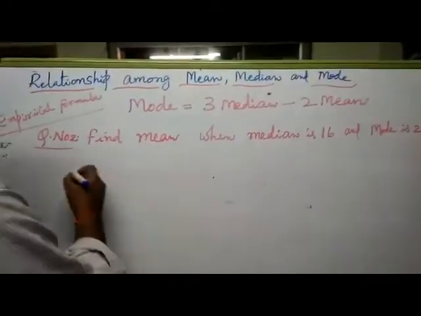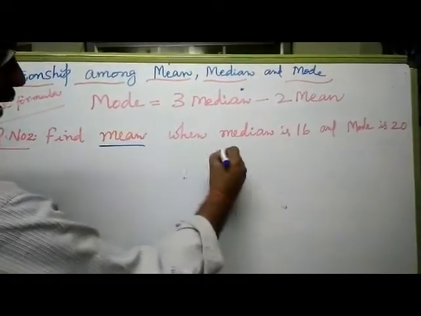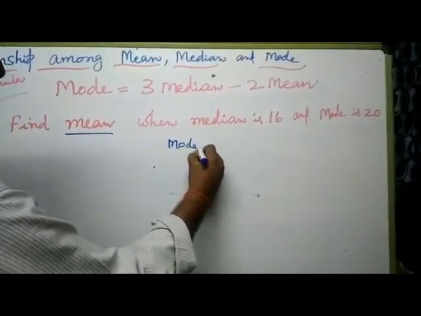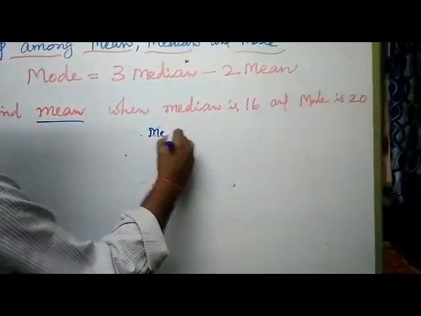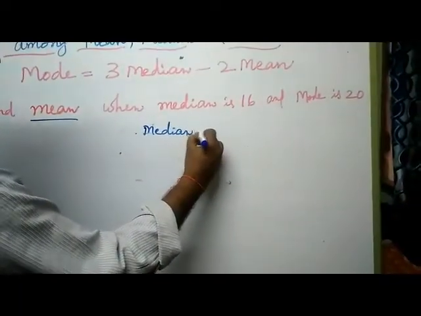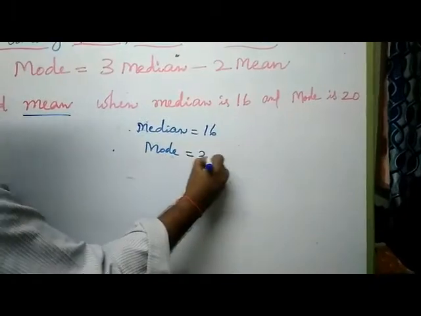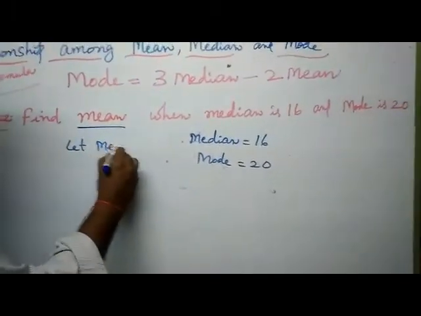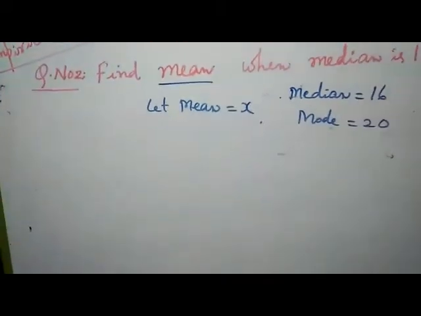Okay, one more example. Question number 2. Find mean. Median is equal to 16 and mode is equal to 20. We have to find mean, that's why mean is equal to x.